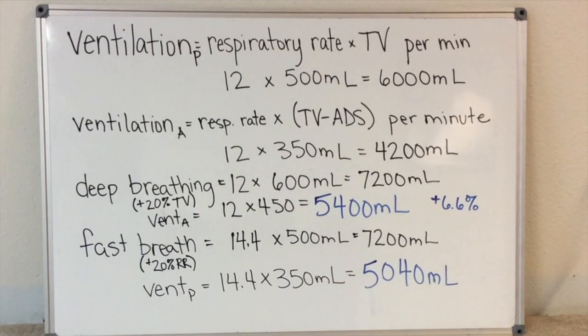This means that deep breathing resulted in a positive 6.6% increase in exchangeable air to the individual. This is why during high metabolic demand activities, we see an increase in respiratory rate, but we see a significantly larger increase in tidal volume changes.